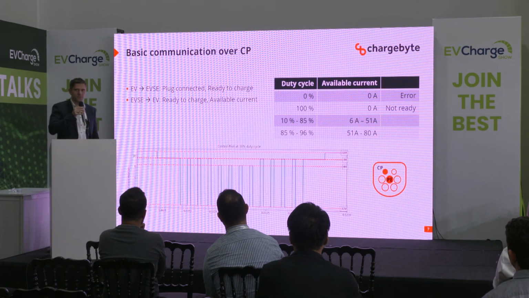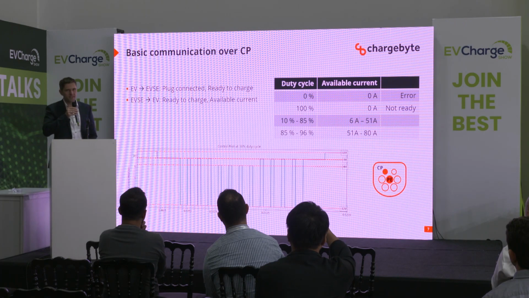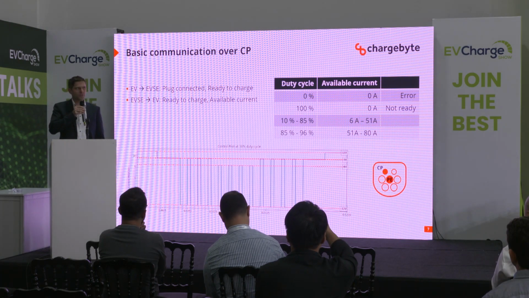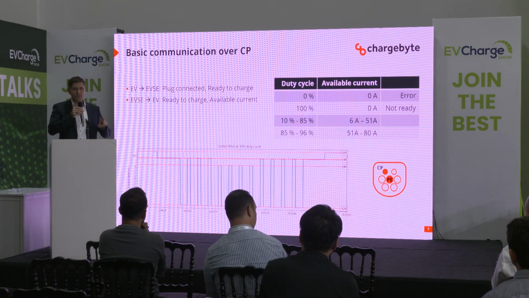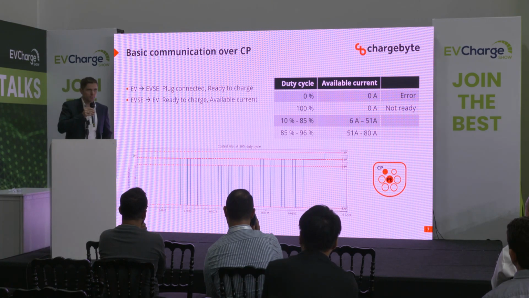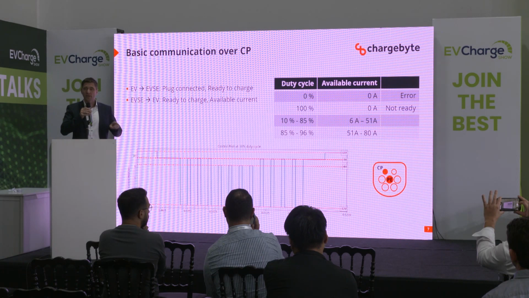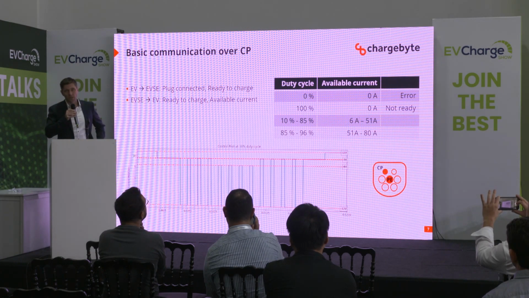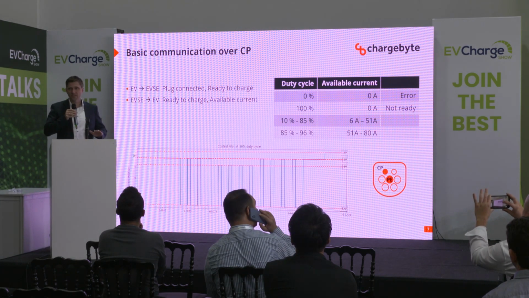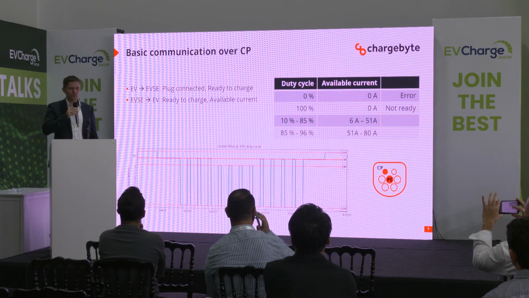Okay, so first, very basic. How is this working? Actually, you just need 2 signals, 2 pieces of information from charging station to vehicle, and vice versa, to set up charging in a very basic AC situation.